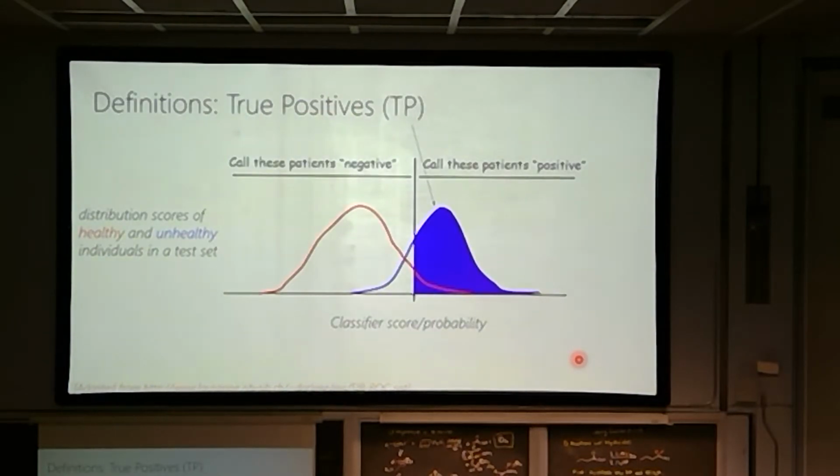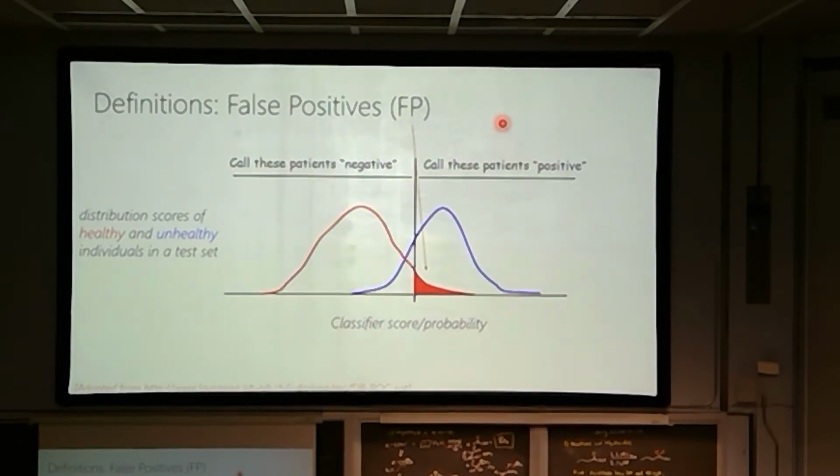Okay, so just some notation here. If these are people in blue, this whole blue distribution should be positive, or unhealthy. The ones that are actually called that are going to be the true positives, but there's going to be some portion of them that are below the threshold, and we'll see what those are called. I've used some of these terms already loosely, but I just want to crisply define them because they're going to be very key.